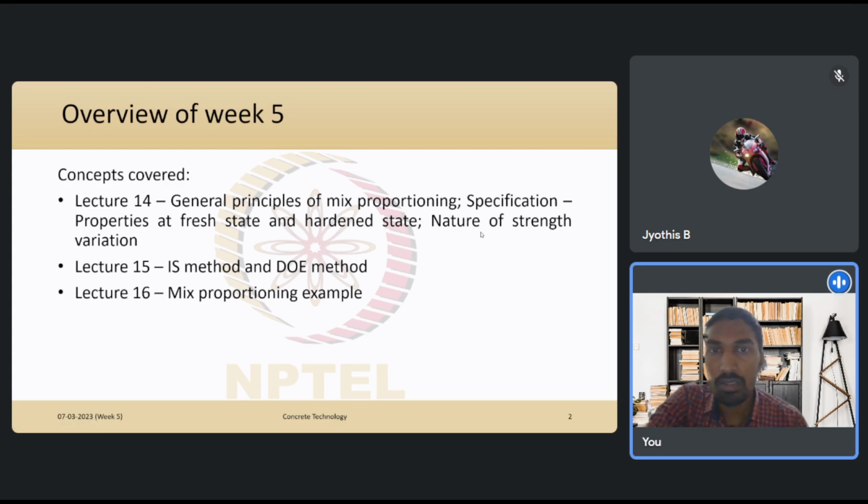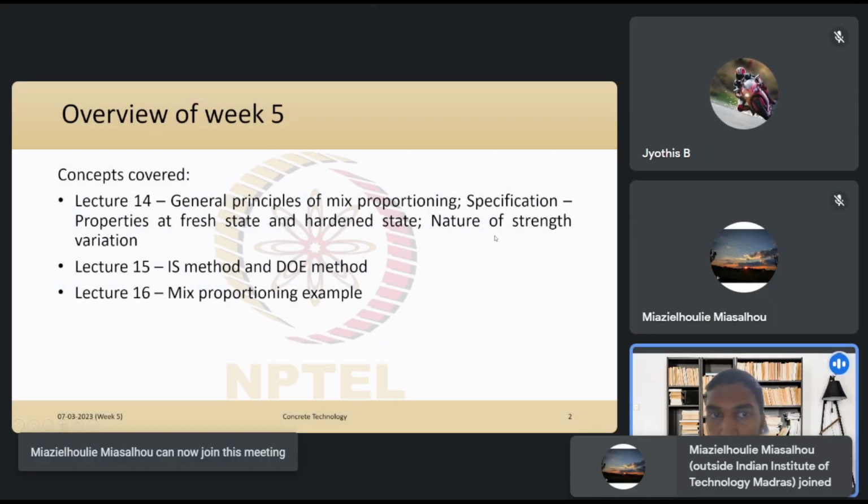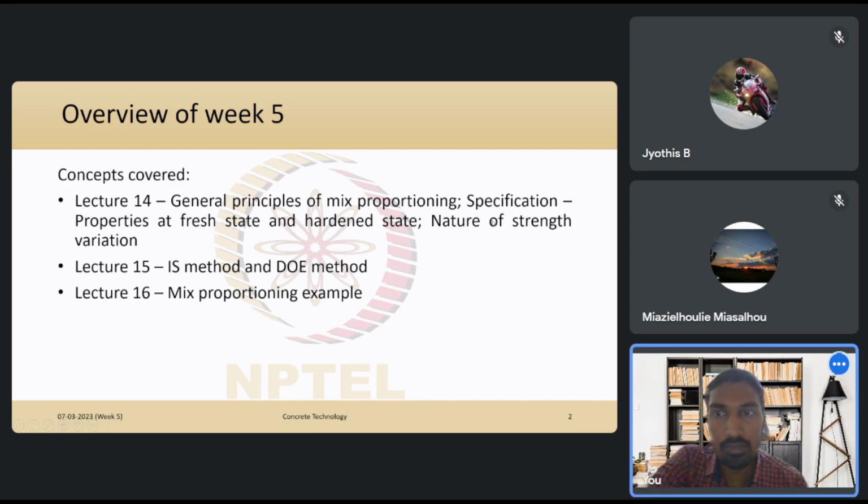Why? Because of variability in the different processes involved, right? There will be variability in mixing, there will be variability in curing, and so on. Because of these different variations, there will be variation in the strength that is achieved as well, right? So we looked at that strength variation, and how we use that distribution of strength variation in order to quantify the characteristic strength. That was covered in the first lecture.